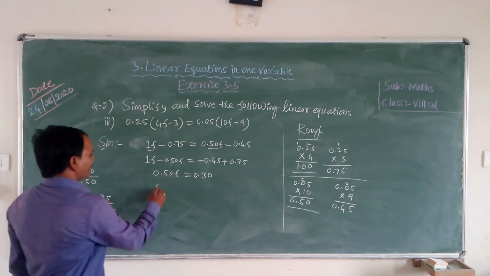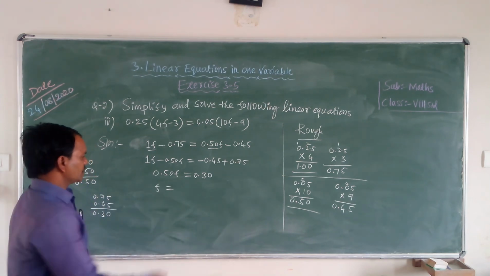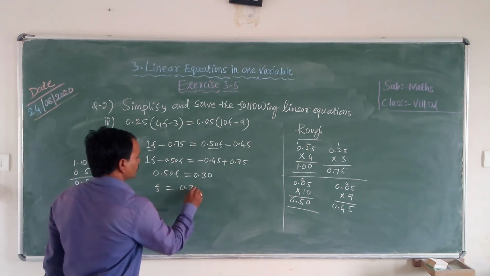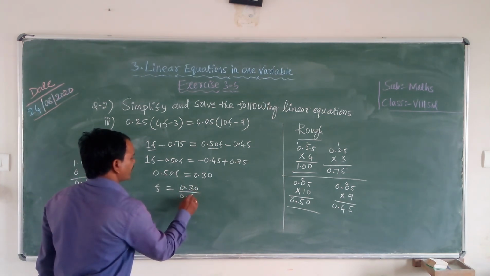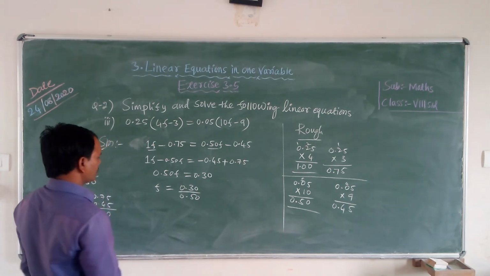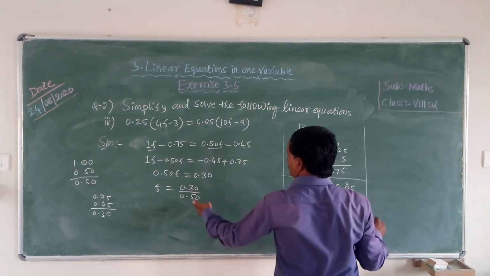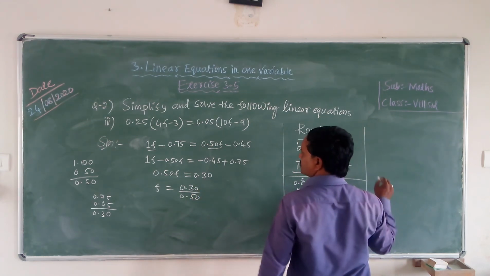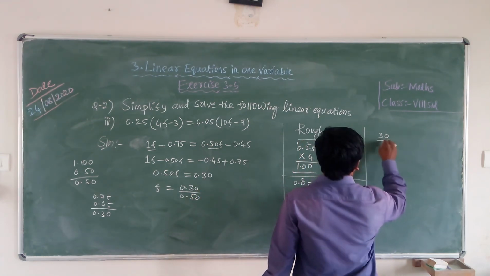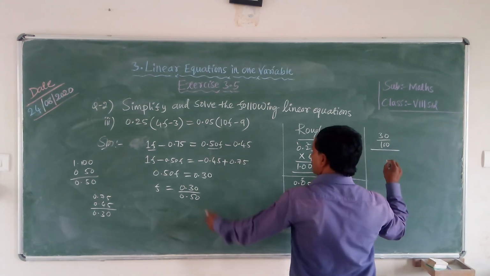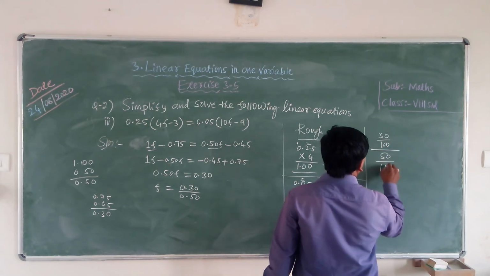Now f is equal to 0.30 divided by 0.50, with decimal points. Rough sketch: 0.30 means 30 divided by 100, whole divided by 50 divided by 100.